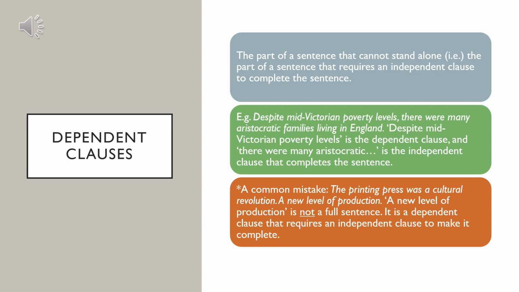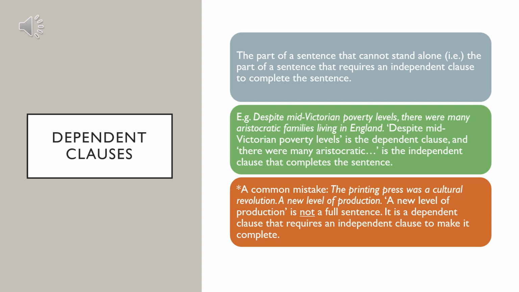Despite, if, and although immediately tell us that this is a dependent clause. By the time we get to the punctuation mark, the comma that separates one clause from another, we'll realize that we need another clause in order for the sentence to make sense.